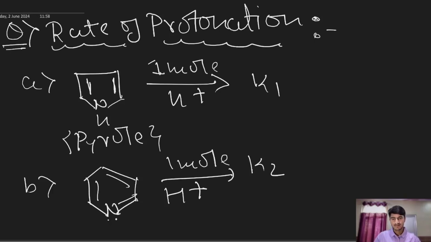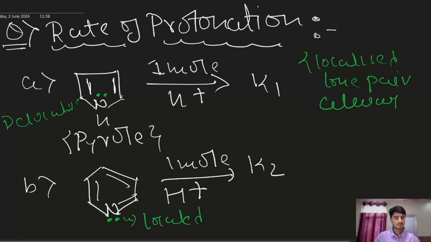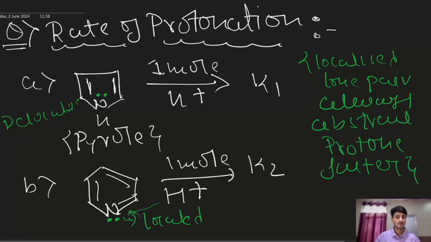As we can see, this lone pair over here is delocalized, and this lone pair is localized. A localized lone pair always abstracts a proton faster. So the rate of protonation will be higher in the second case.